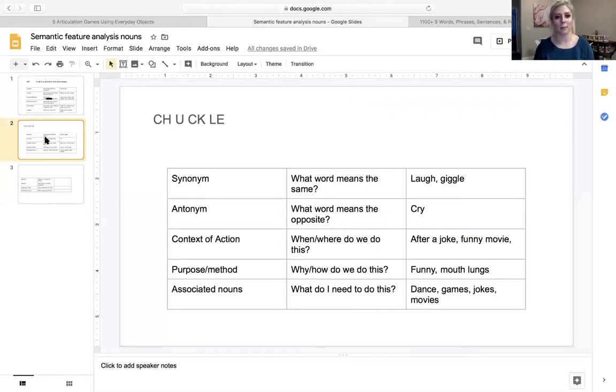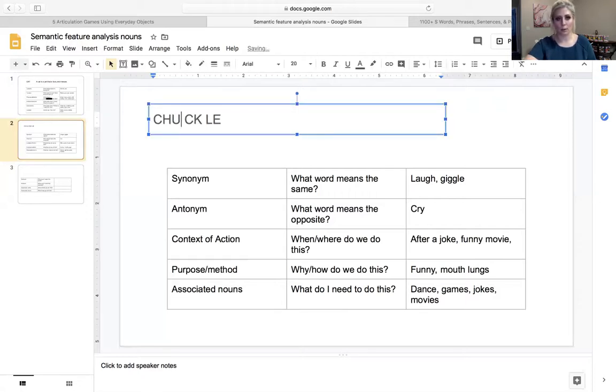So I already have a verb done. I'll go into a later video why I wrote this word like I did. Just like with nouns, with verbs, I would generally start with words that I know my student knows, or I might start with something like chuckle because they might know what it means.